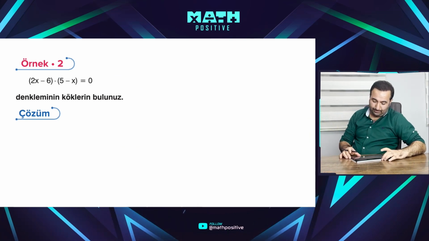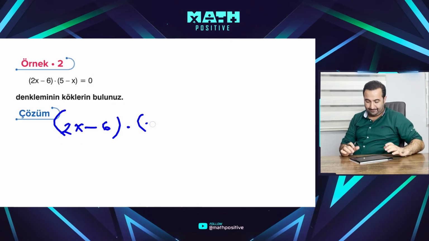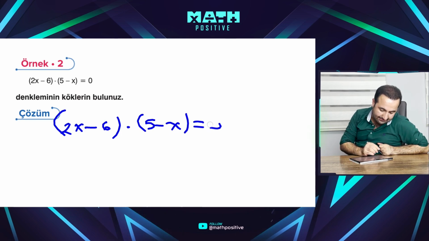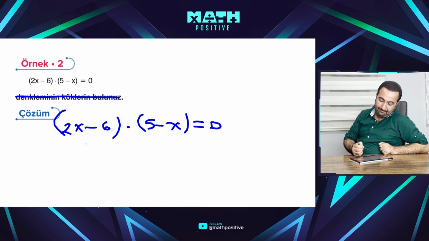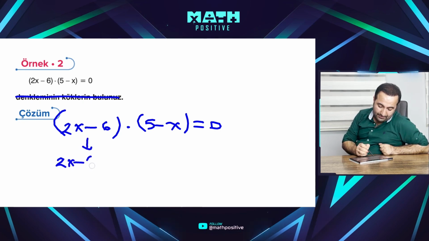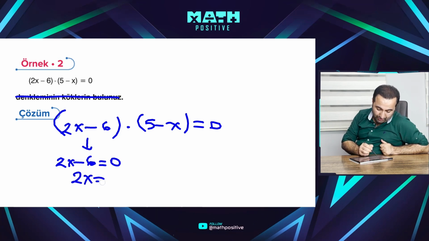Let's see some examples from our textbook. This example says 2 times x minus 6 times 5 minus x equals 0. Find the roots. Find the x values which satisfy this equation. As you see, this is a factorized expression, and we should just equal these to 0.